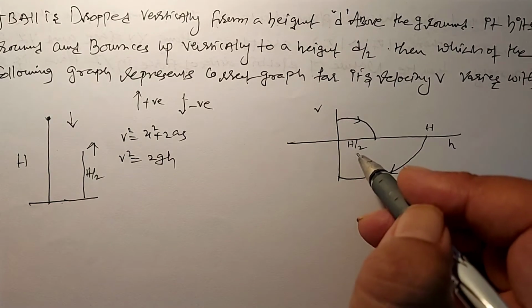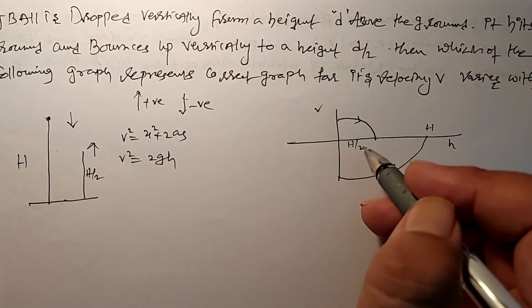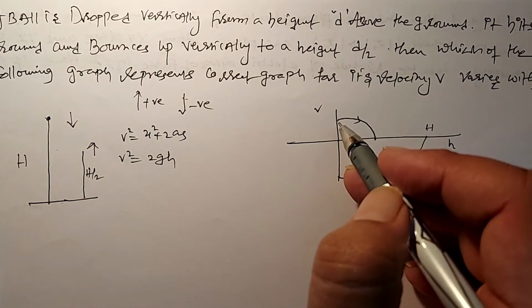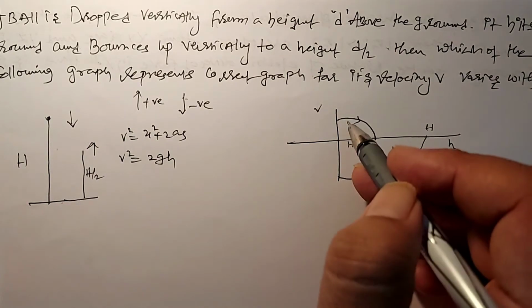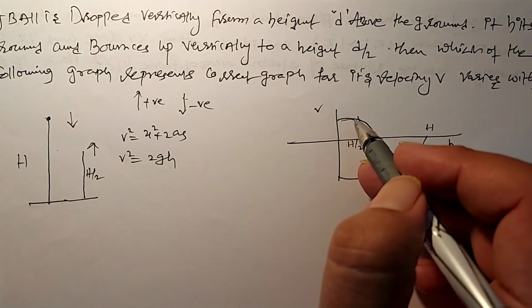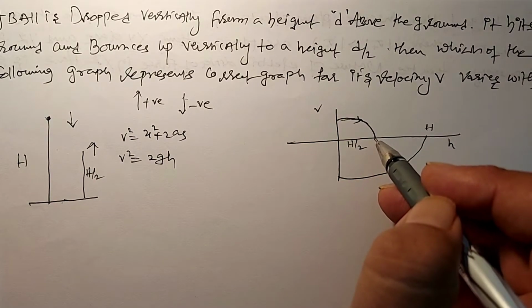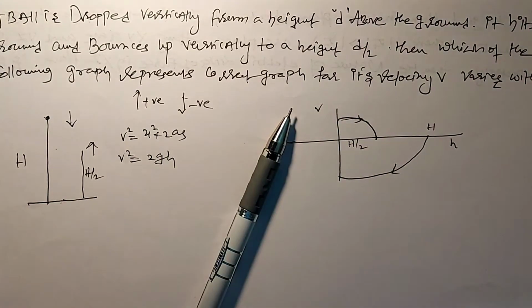When the ball strikes the ground and rebounds to a height h/2, it has some magnitude of velocity, but less than in the previous case, and the velocity gradually decreases and becomes 0 at a height h/2. So among the following graphs, the correct graph is the first one.